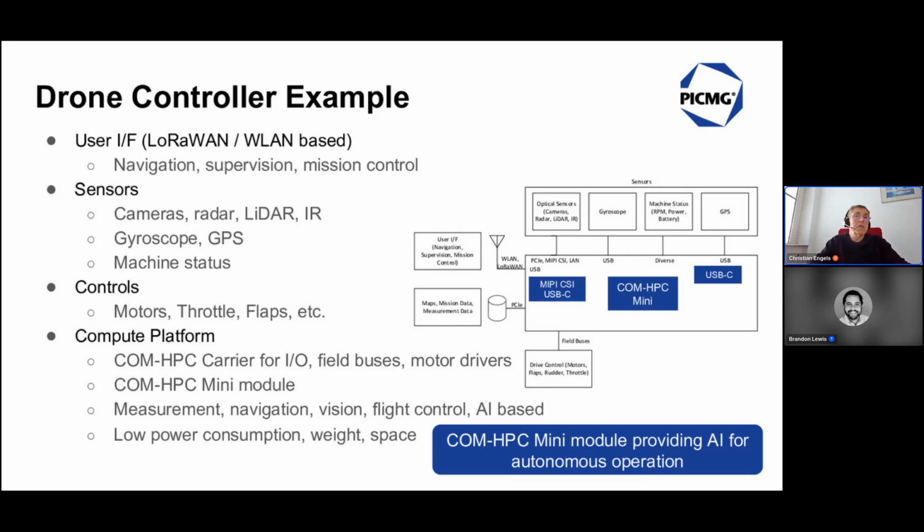COM-HPC provides the real estate for sufficient performance based on AI technologies and other compute capabilities in order to map the application and autonomous function onto the module. And depending on the size of the drone, you may also have requirements like low power consumption, weight and space constraints, which nicely fit the way COM-HPC has been defined.